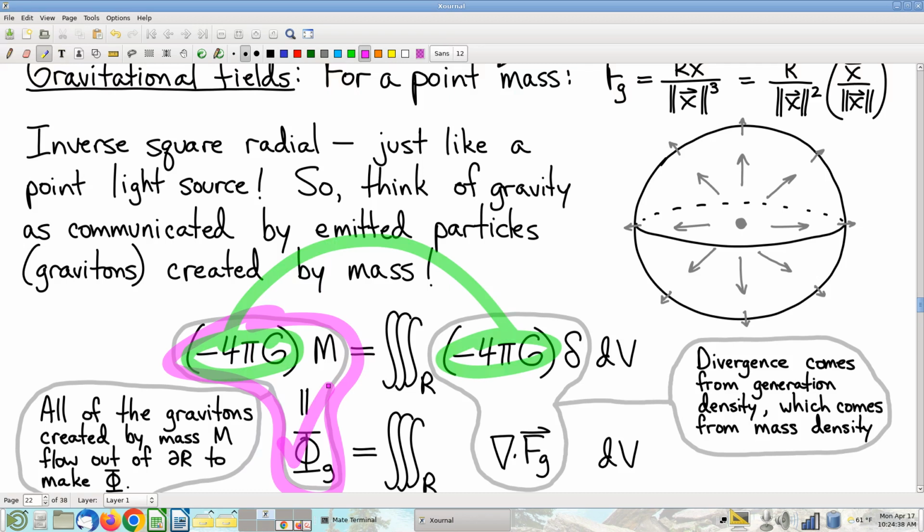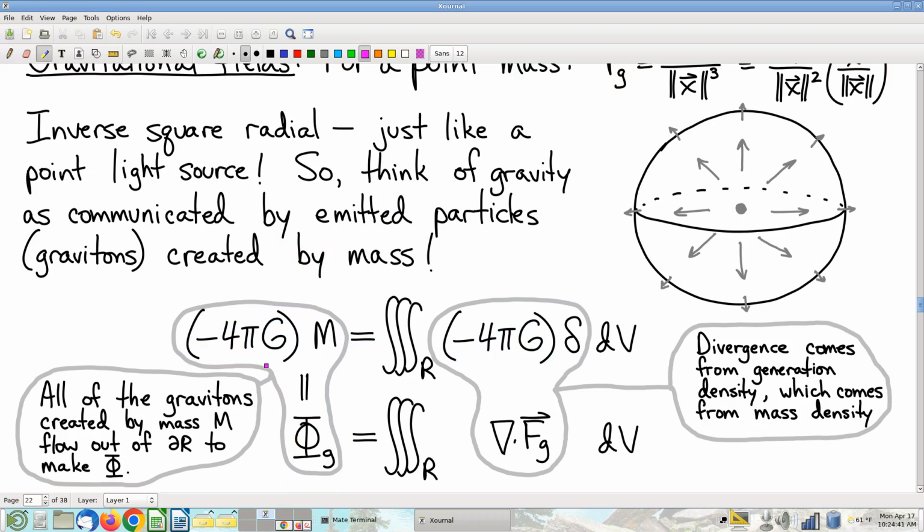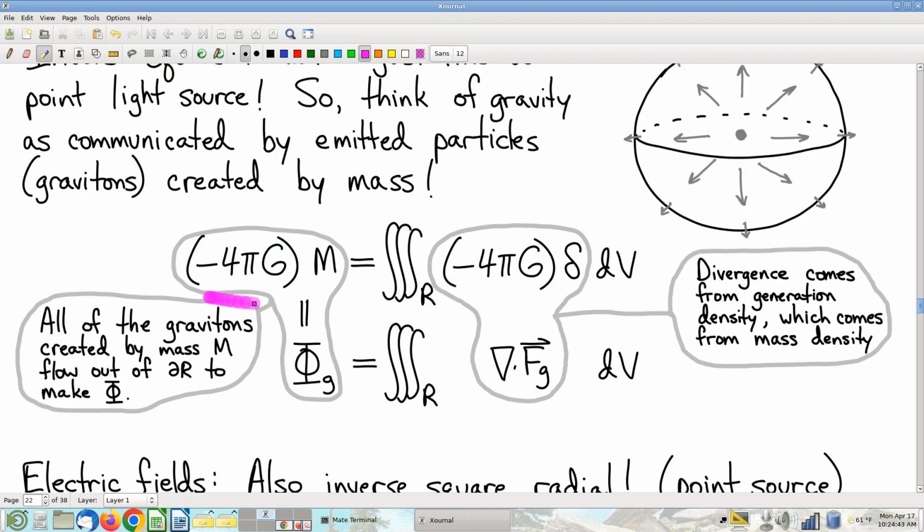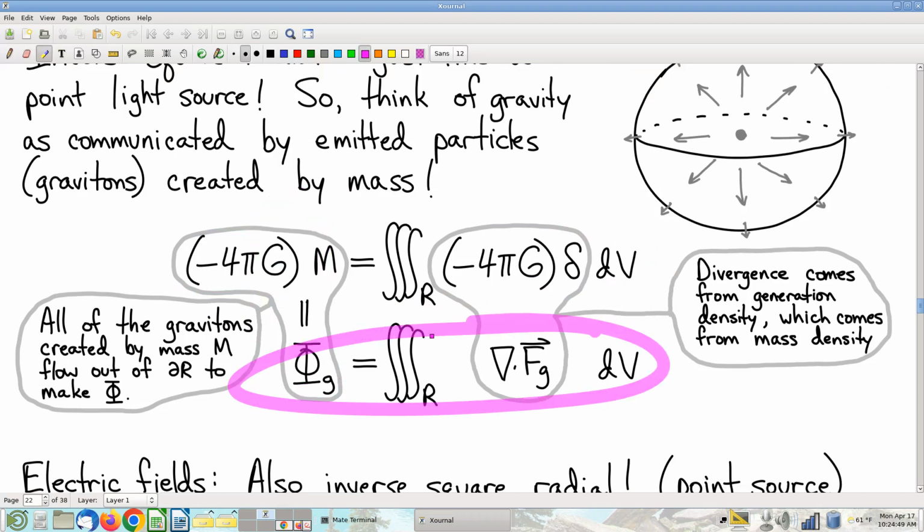All right. Now, what else can I say about flux? We've talked about this equation. We've talked about this equation. Well, I know this. This is just the divergence theorem. Flux is the triple integral of flux density.